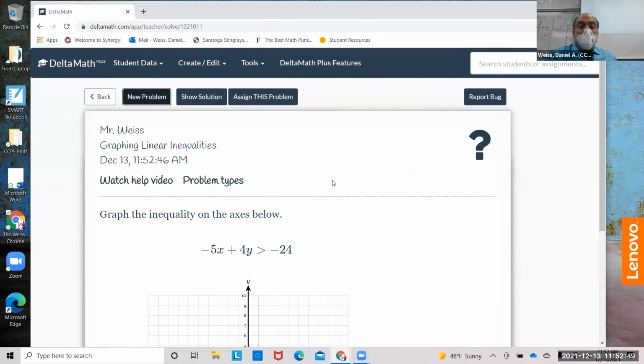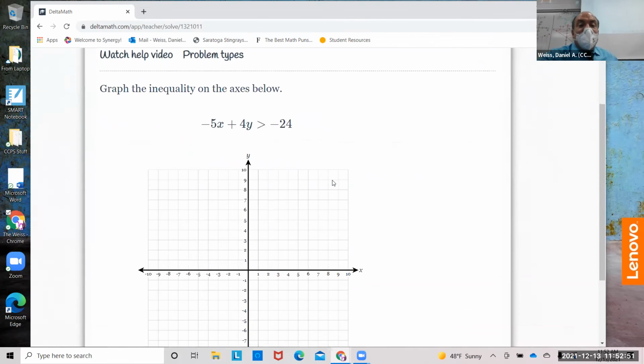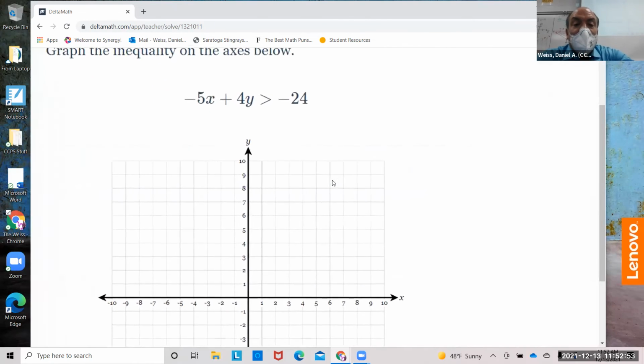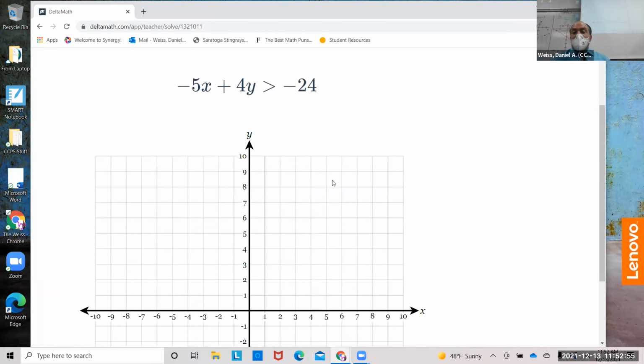Now, how about this one? -5x plus 4y greater than -24. I'm going to move over here so people watching the recording can see what I'm doing.